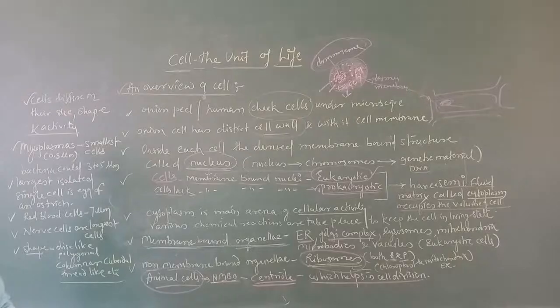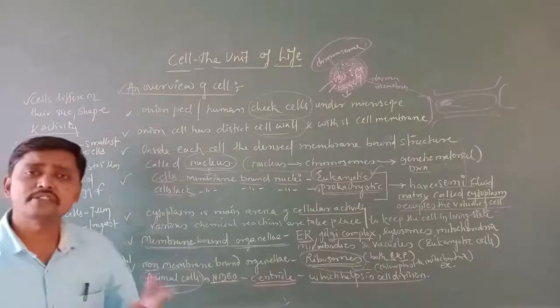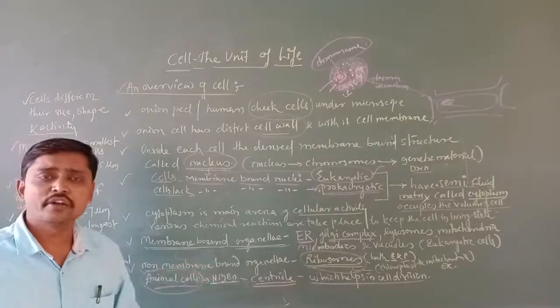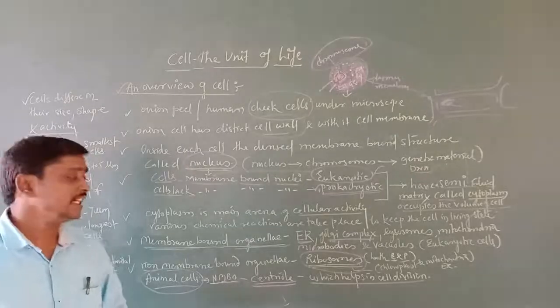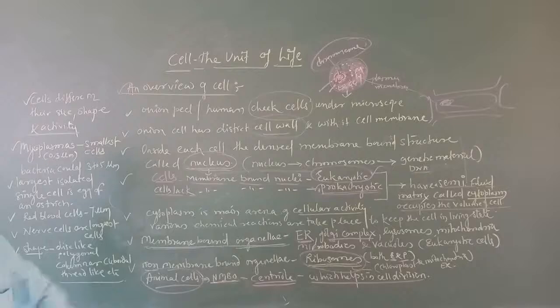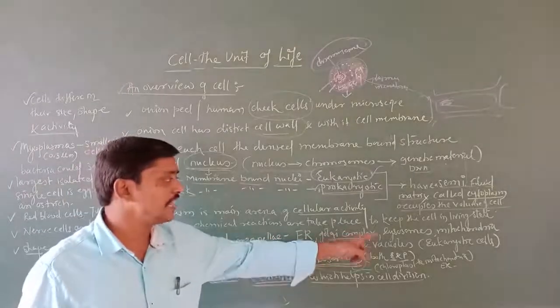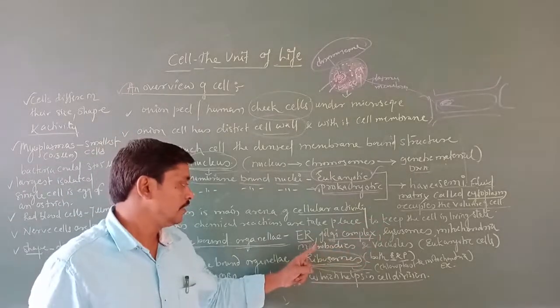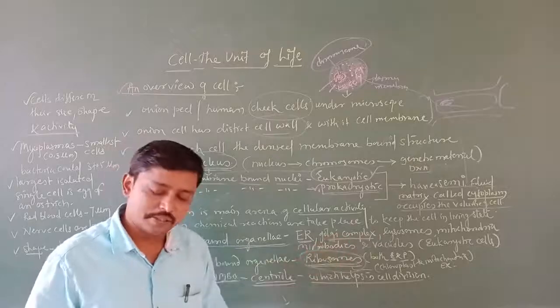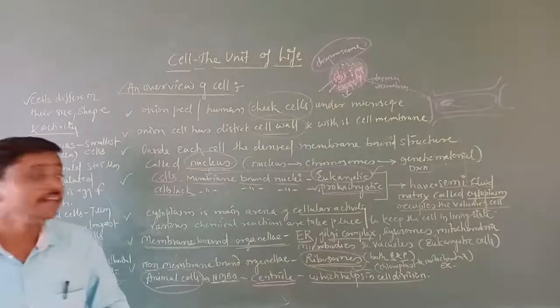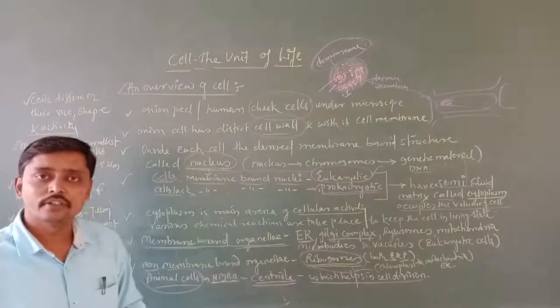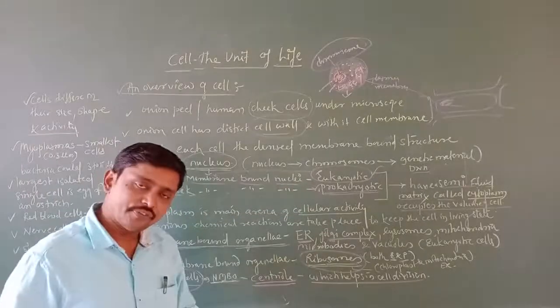Then, within the cytoplasm we find two kinds of organelles: membrane bound organelles and non-membrane bound organelles. Membrane bound organelles are endoplasmic reticulum, Golgi complex, lysosomes, mitochondria, microbodies and vacuoles. These are found only in eukaryotes and are absent in prokaryotes.